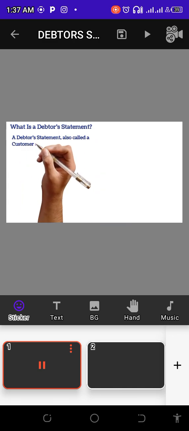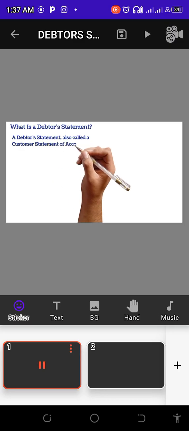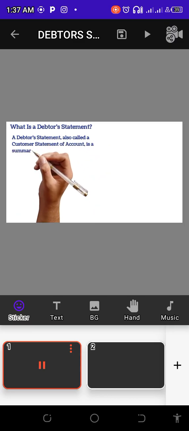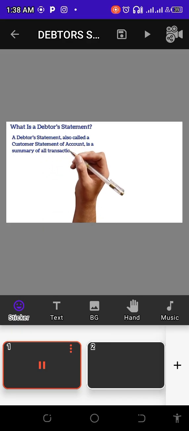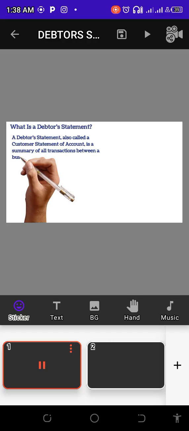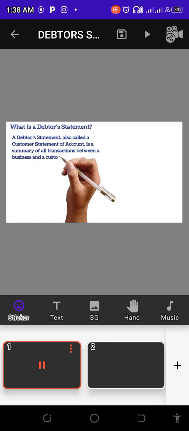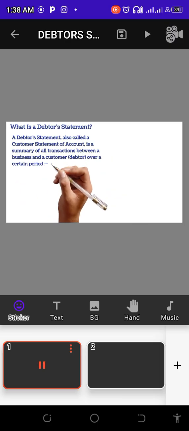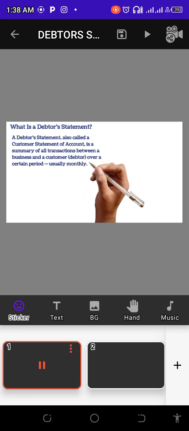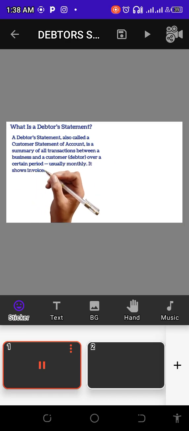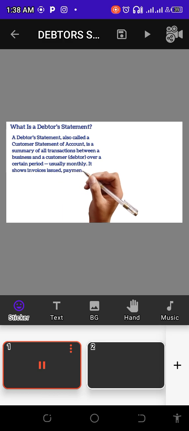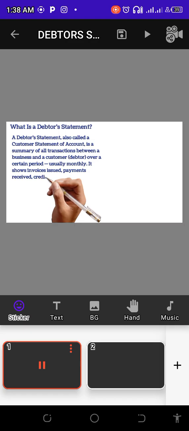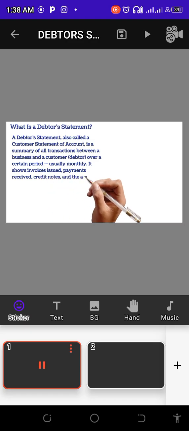A debtor statement, also called a customer statement of account, is a summary of all transactions between a business and a customer. When I say customer, I also mean debtor, over a certain period of time, say 1 month. It shows invoices issued, payments received, credit notes and the amount outstanding.